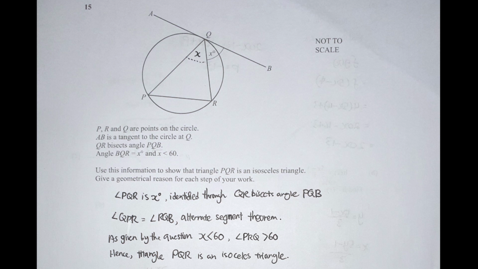If it's less than 60, it means that the remaining angle that we have yet to identify, PRQ, will be more than 60, because when we add everything up, it should be 180. And if two angles are already less than 60, one of the angles will have more value. So in our case, this triangle PQR will now qualify as an isosceles triangle.